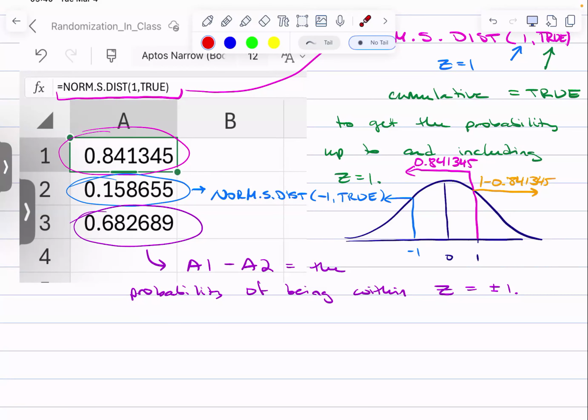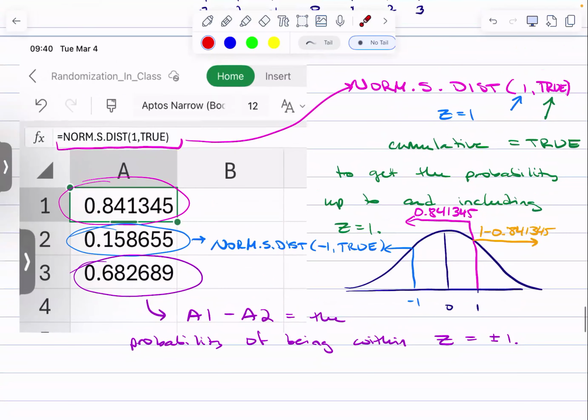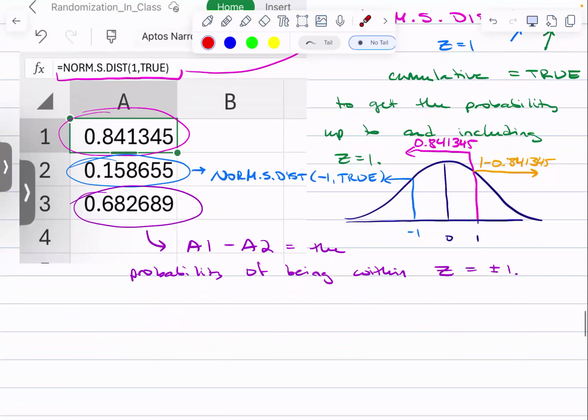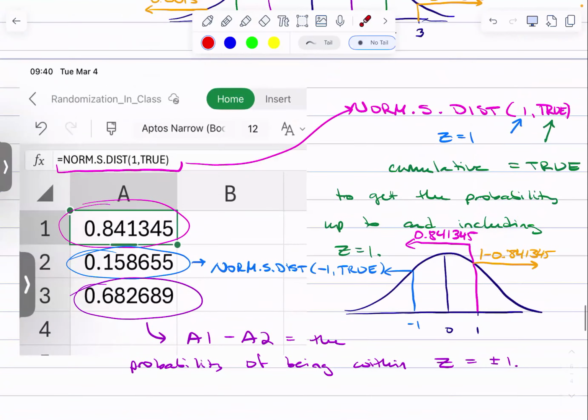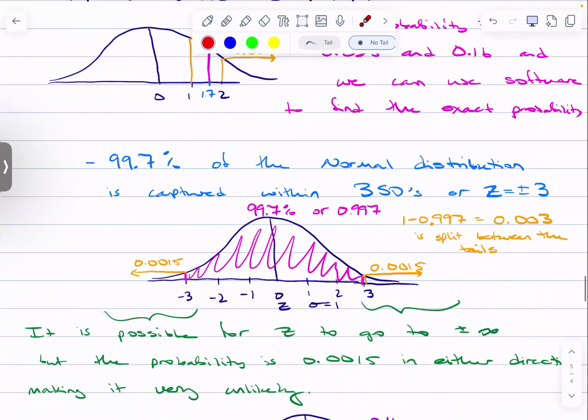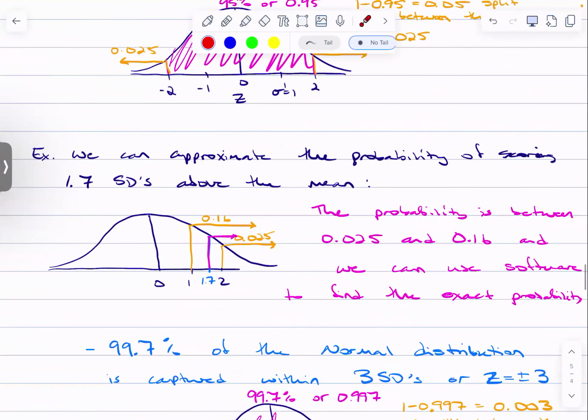Nice. So for example, you use the negative 1.7, 1.7. Yep. Get 0.91 inside. This one.